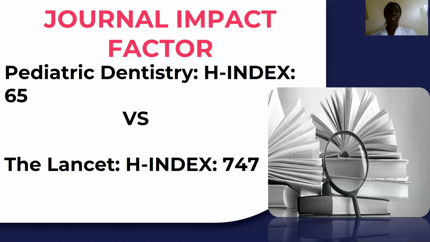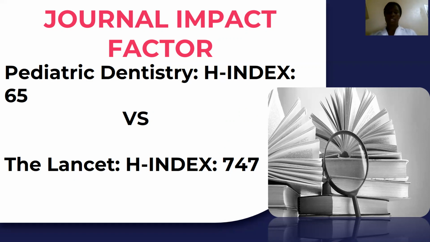The Pediatric Dentistry Journal has an impact factor of 65 relative to the Lancet Journal that is based in the United Kingdom that has an impact factor of 747. The Nature Journal, also based in the United Kingdom, has an impact factor of 1,159.